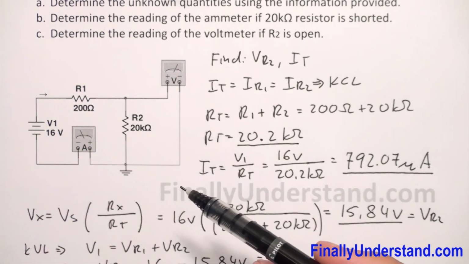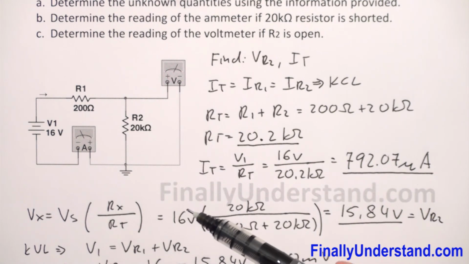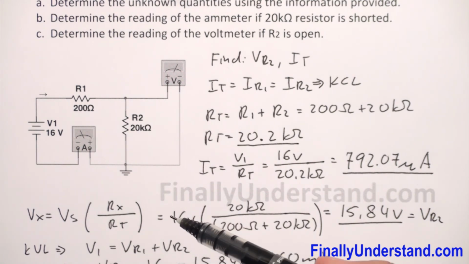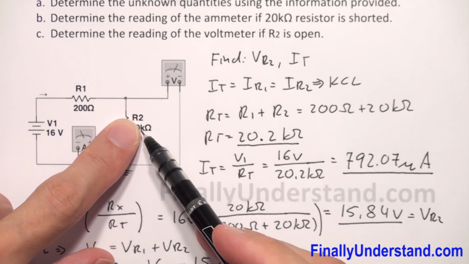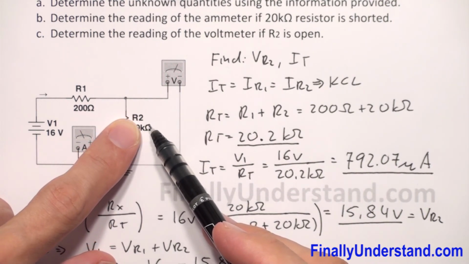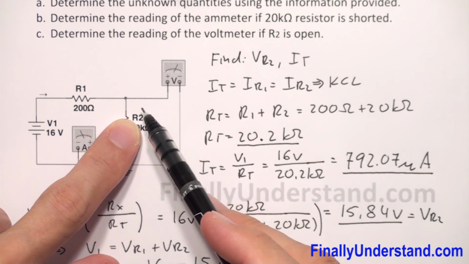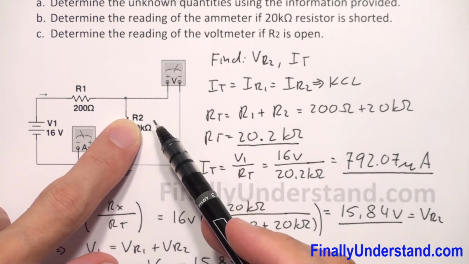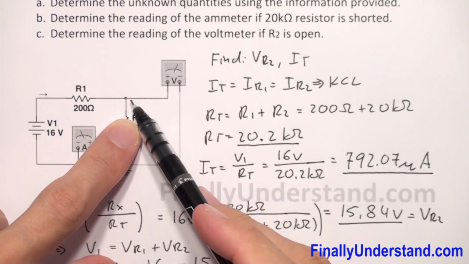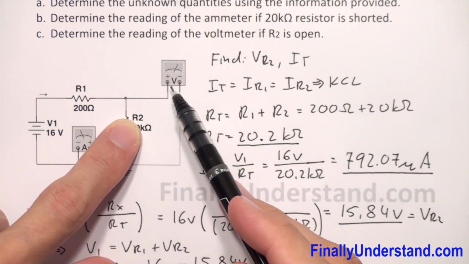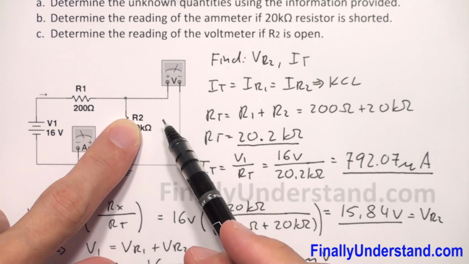You're supposed to keep in mind that the highest voltage is always going to concentrate across the highest resistance. So if this resistor is open, there is extremely high resistance, so the entire voltage, the maximum voltage, is going to appear between these two terminals, across the voltmeter. So this is going to be the highest voltage.